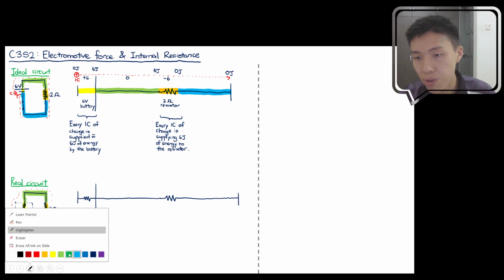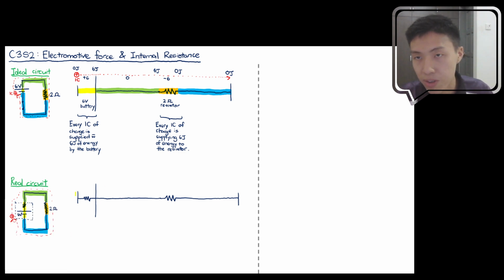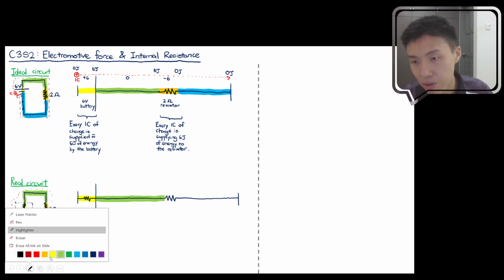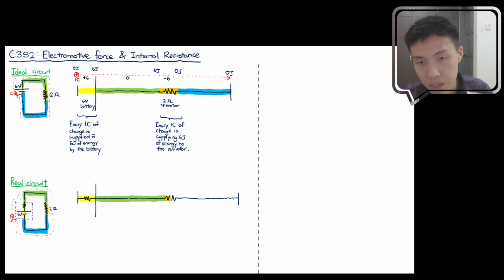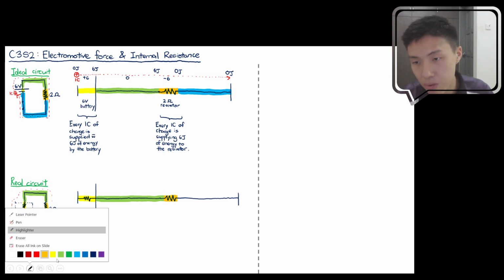So if I pull it open into a straight line to focus on the path traveled, I'll start with a yellow section inside the battery. Once you exit the battery, you have a green section. Afterwards, you have the orange section, followed by the blue section.